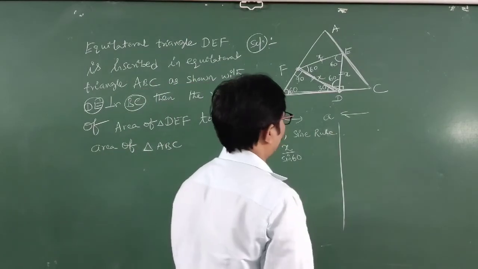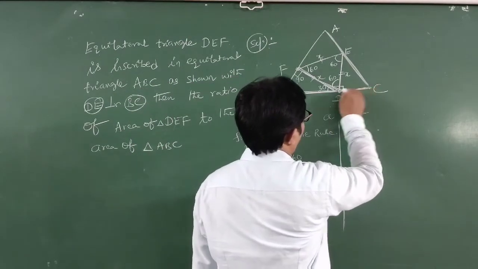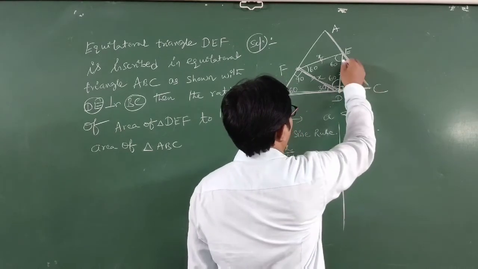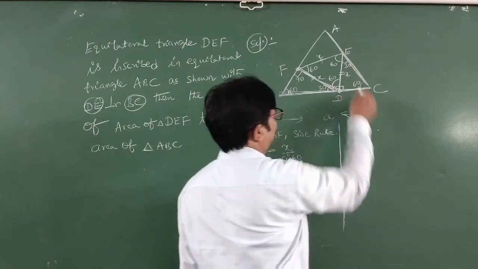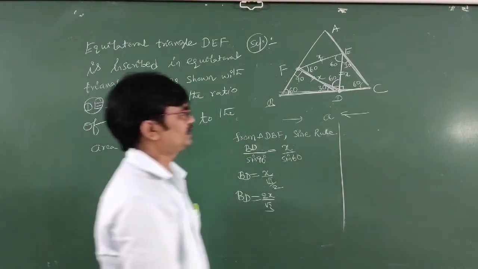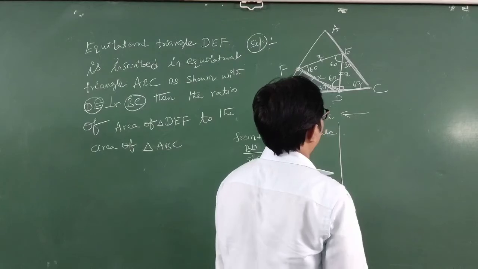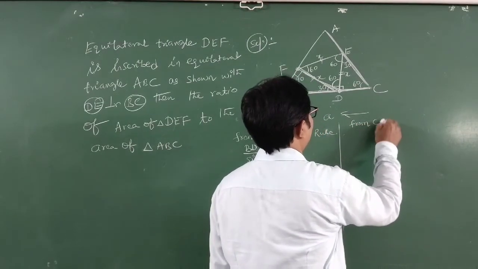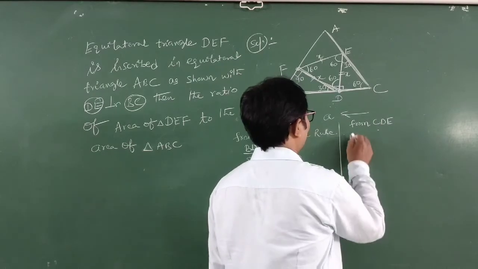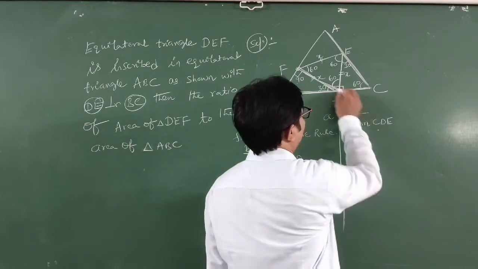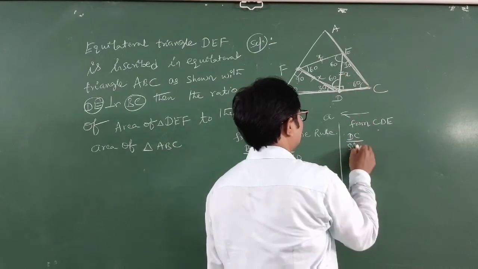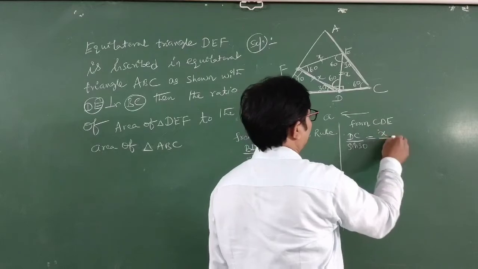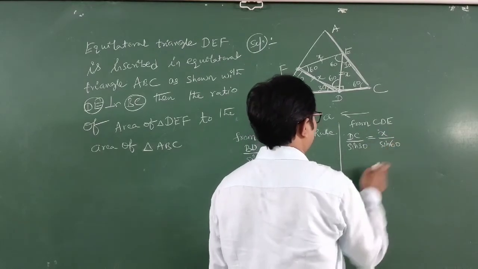Now find the DC. This is DC, this is x. This is also 60, this is 30. Is it clear? 90 plus 60 is 150, so that is 30. From the triangle CDE, from the sine rule we can write DC by sin 30 degrees equals x by sin 60 degrees.